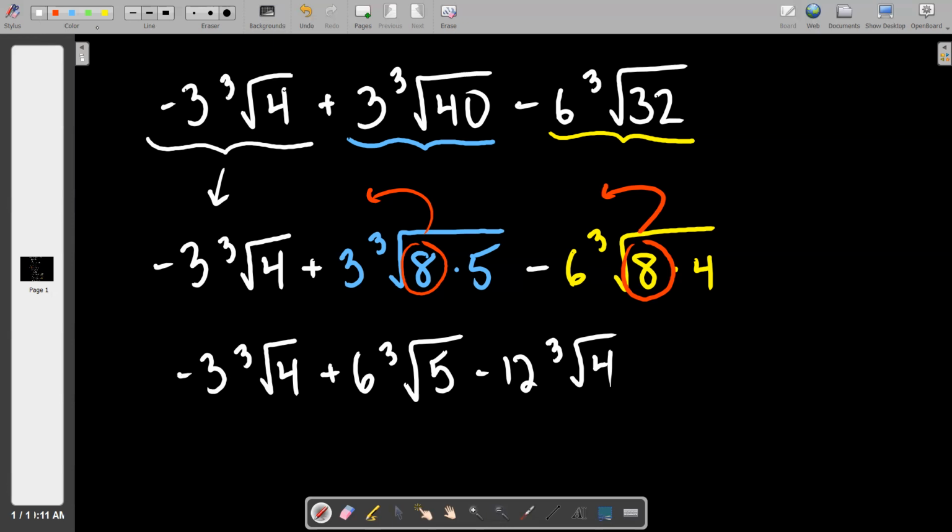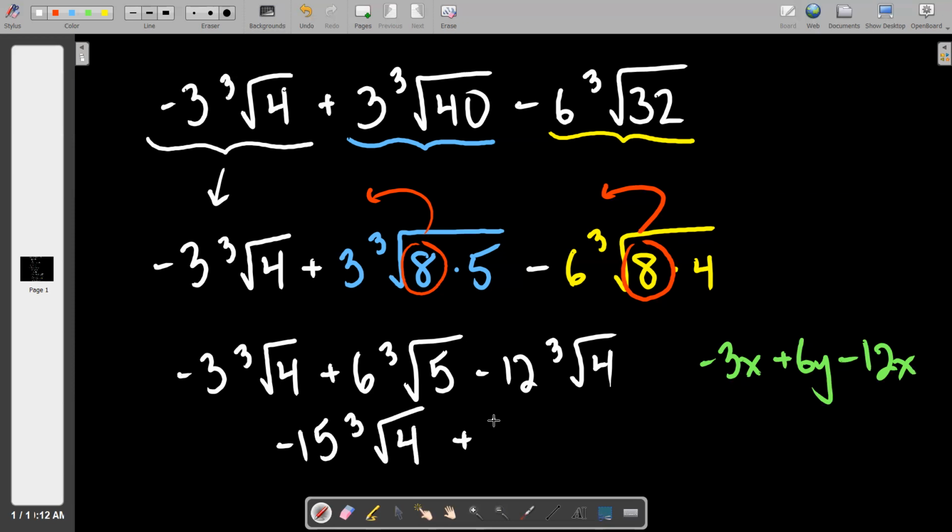This situation is analogous to something like negative 3x plus 6y minus 12x. You've done algebra enough to know that you can put some terms together and some you can't. So in this case, we'll combine the first term and the third term. What will we get? Negative 15 cube roots of 4 plus 6 cube roots of 5.